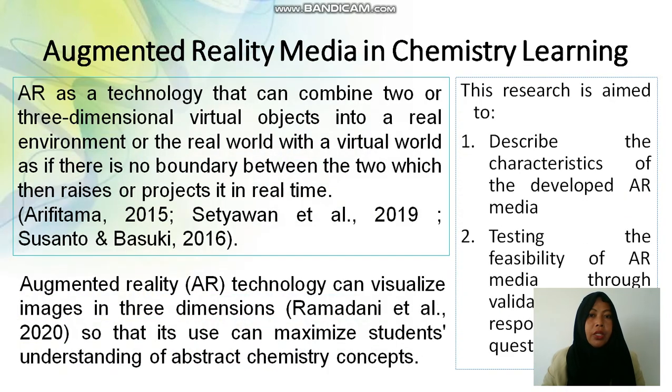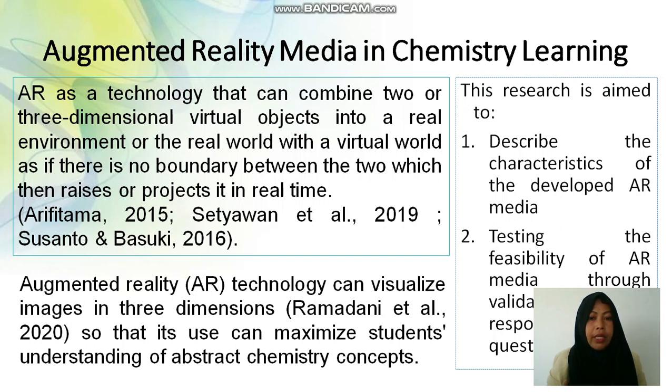And then augmented reality media in chemistry learning is a technology that can combine two or three-dimensional virtual objects into a real environment, the real world with a virtual world, as if there is no boundary between the two, which then places or projects it in real time.